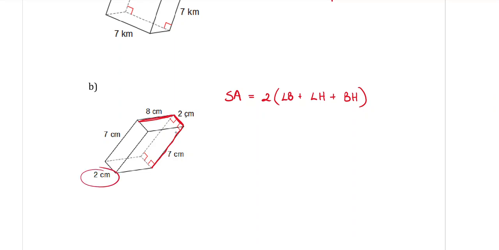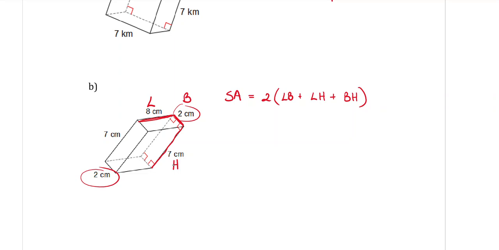This 2 is the same as that 2, so I don't want to repeat that. So the numbers I'm going to use are 8, 2, and 7. They're going to be my length, breadth, and height. So often what you can do is you can just find a corner of your shape and do the 3 numbers coming out from that corner.